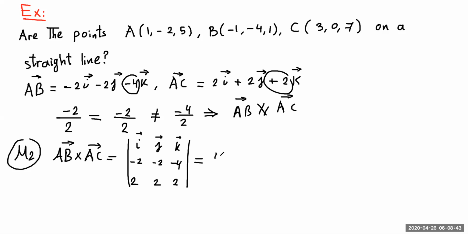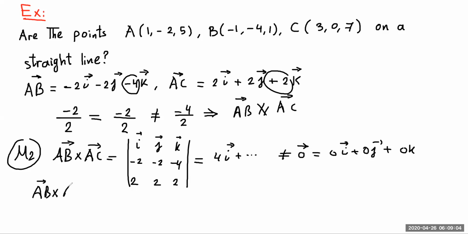So it will be 4i. Okay, we don't need to continue. 4i plus something, so it's not the vector 0. The vector 0 is 0i plus 0j plus 0k. So because the cross product is not 0, because AB cross AC is not vector 0, so they are not parallel. AB is not parallel to AC.